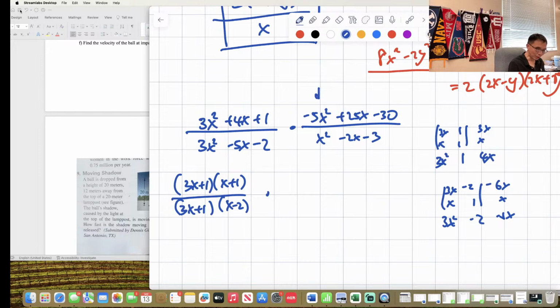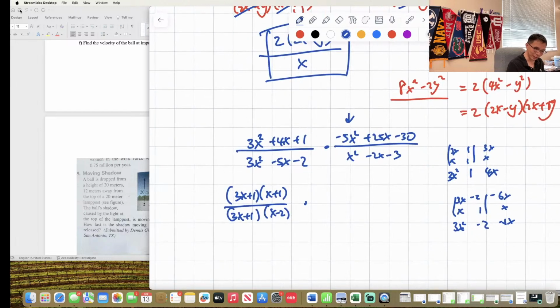I will take out a negative 5 here just because I think if I take out negative 5, my life's easier. So that's going to be x squared minus 5x plus 6. So if I take out negative 5 here, that's going to be x minus 3 and x minus 2.